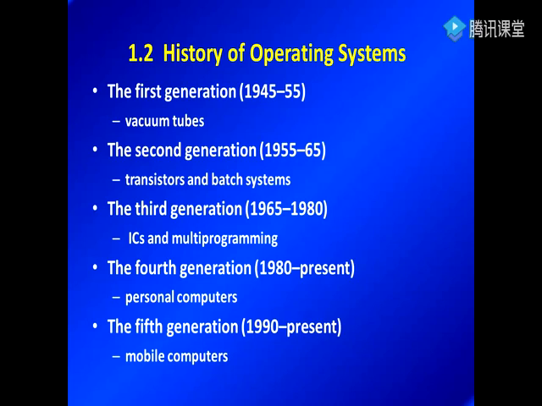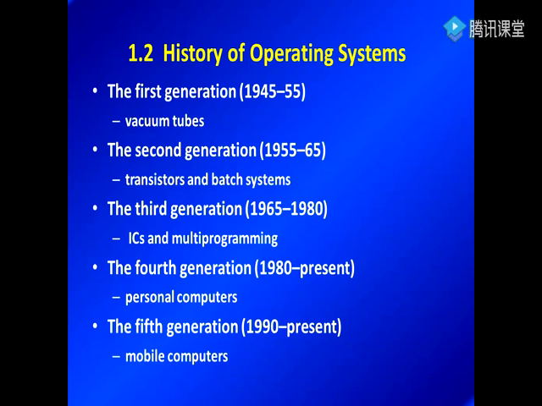Actually, there are no clear generations of operating systems, but because operating systems are highly relevant to the hardware, to the computer, we can roughly divide the history of operating systems according to the same generations of computers.